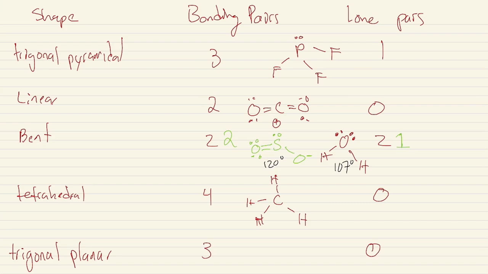An example of this was when we looked at formaldehyde. We see that even though we have 2 bonds between carbon and oxygen, that still only counts as 1 bonding pair, because the bonding pairs is the number of atoms that are bonded, not the number of bonds attached. That's an easy spot to get mixed up: the number of atoms that are bonded to our central atom.